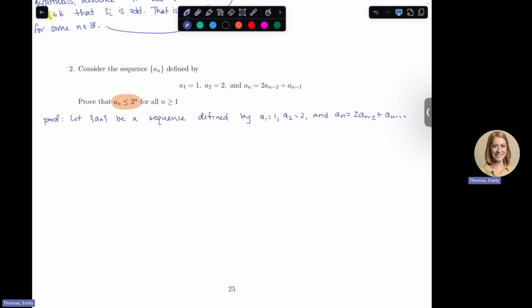Okay, so we have A sub n is a sequence defined by A sub 1 equals 1, A sub 2 is 2, A sub n is 2 times A sub n minus 2 plus A sub n minus 1. We will prove by strong induction that A sub n is less than or equal to 2 to the n for all n greater than or equal to 1.